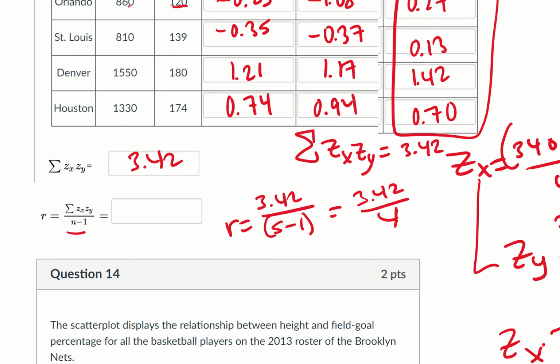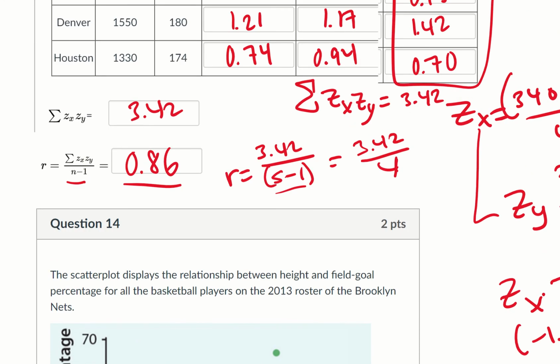Don't just do 3.42 divided by 5 minus 1 and expect it to be correct. Put it in parentheses on the calculator, or just use a little mental math and just use 4. 3.42 divided by 4. All right, so if you did that, you're going to get 0.86 for your r. So that's a pretty strong relationship. That's actually very strong. So it's on the order of really strong.